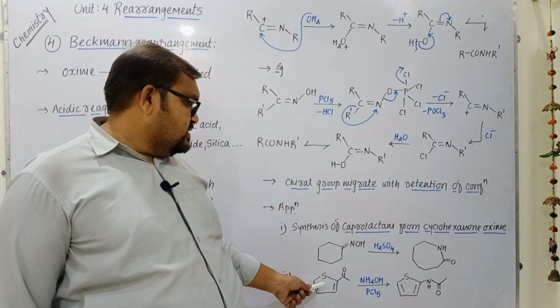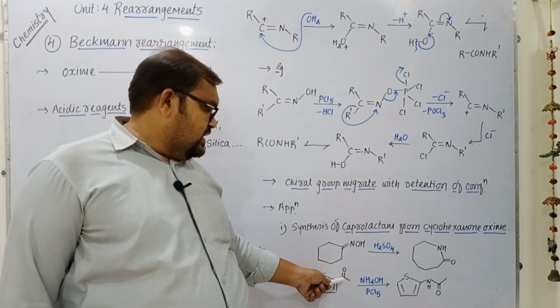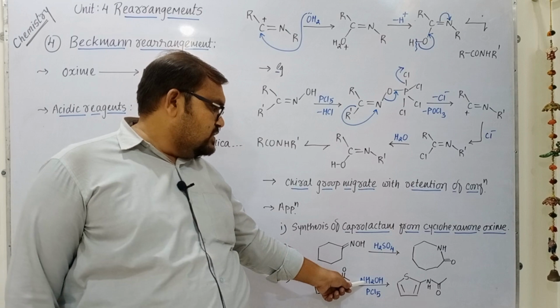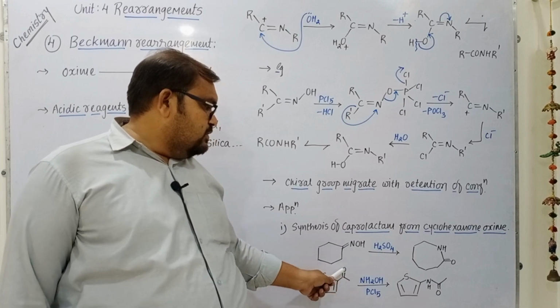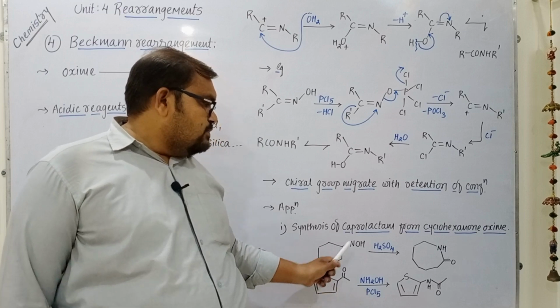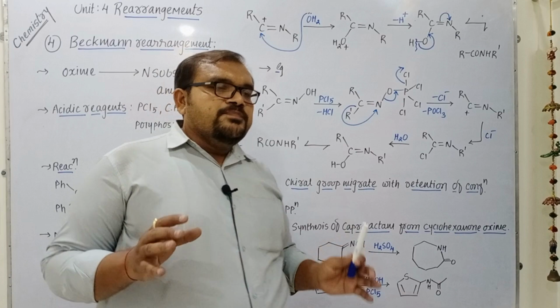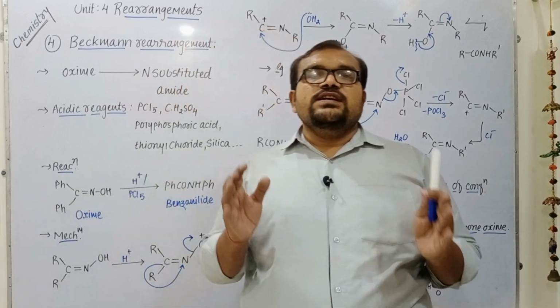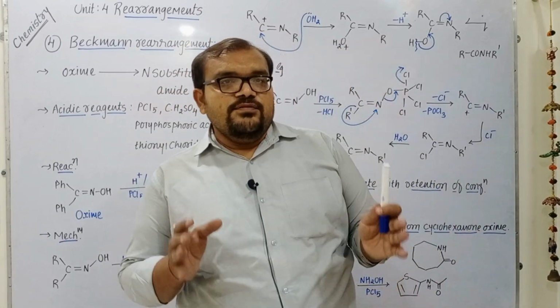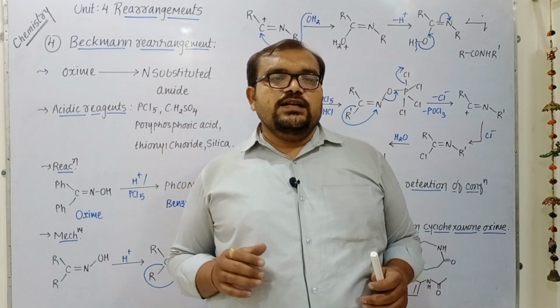In this reaction, the ketone group, when it reacts with hydroxylamine, will be converted into an oxime, and then after reaction with PCl5, this carbonyl will be converted into an N substituted amide. So this way we can easily define the very important fourth rearrangement, that is Beckmann rearrangement.